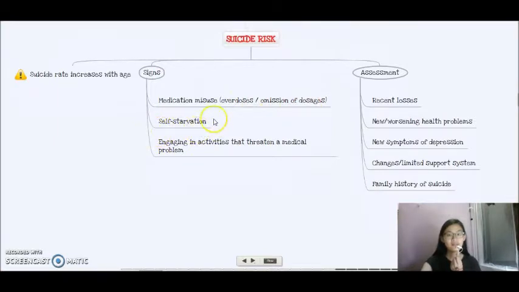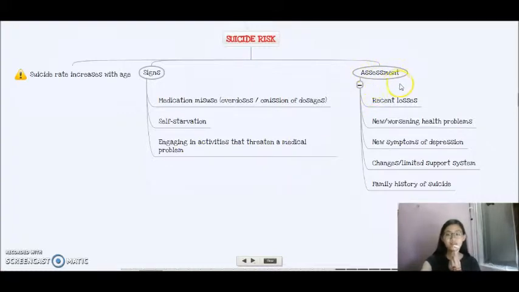Second, self-starvation by refusing their meals. And the last one is purposely engaging in activity that will threaten their medical problems. For example, patients who have CCF usually have a fluid restriction, for example 1 liter per day, and they will try to drink a lot of water because they just want to harm themselves.